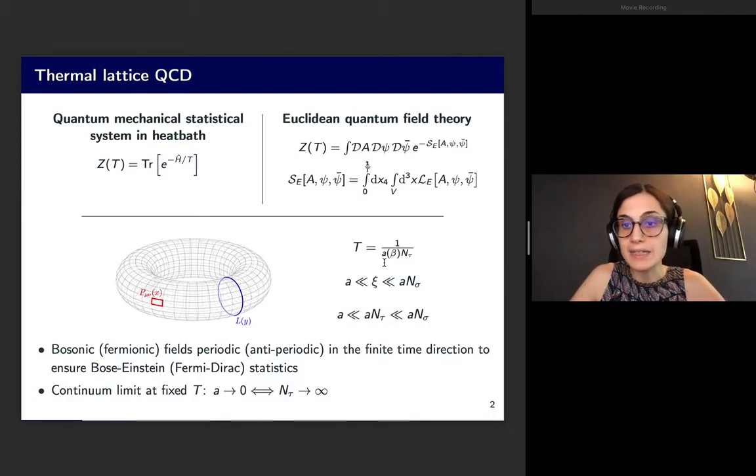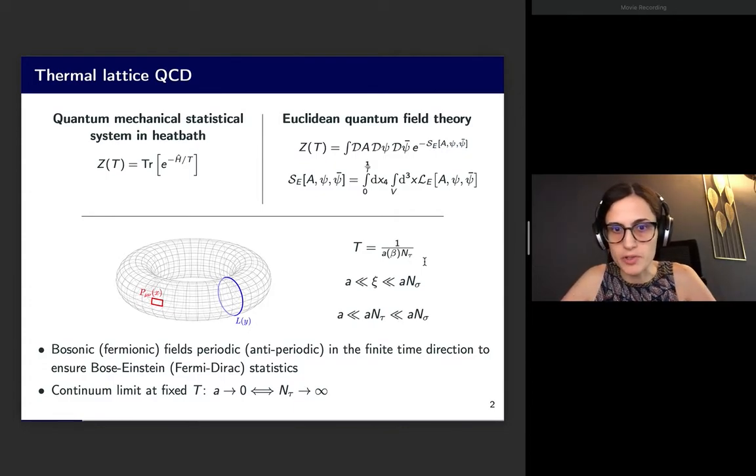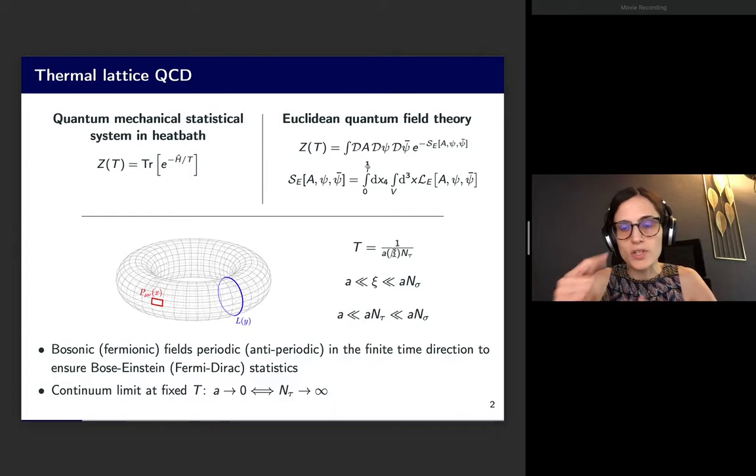Of course, the lattice spacing is controlled by the coupling in our theory, so by beta in this case. And this is how you tune the temperature in your system. You see that you have two knobs that you can play with. You have the temporal extent, by changing which you can have some discrete steps in temperature, or you can change the coupling beta, which reflects into a change of the lattice spacing, which then changes the temperature.